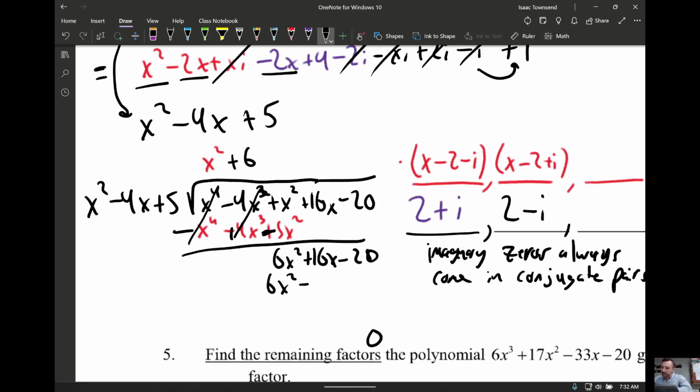I did change the sign, but I didn't read it very carefully. This is supposed to be -4. So this should be -4. So -4 times all 3 of these. And then when you change the signs and add, I get the remainder that I was expecting.